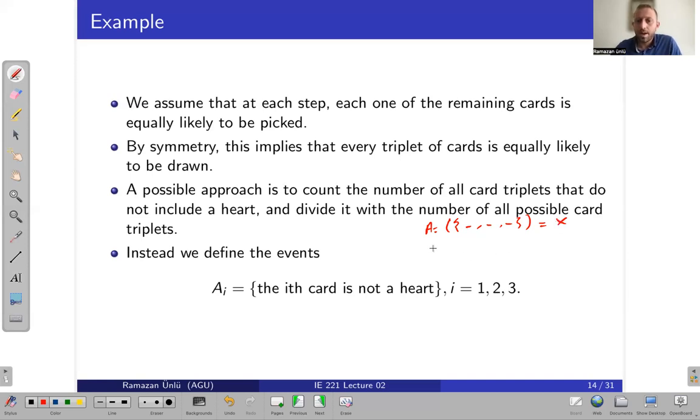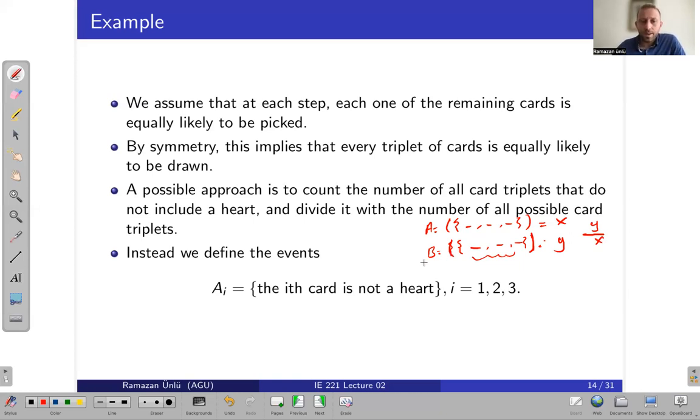My second event will again be 3 cards, and these will not consist of any hearts. Let's say this is Y, the magnitude, not the number of the card triples. So we can simply calculate the probability. Remember the uniform model and the disjoint events, and we can simply calculate this as Y divided by X, right?